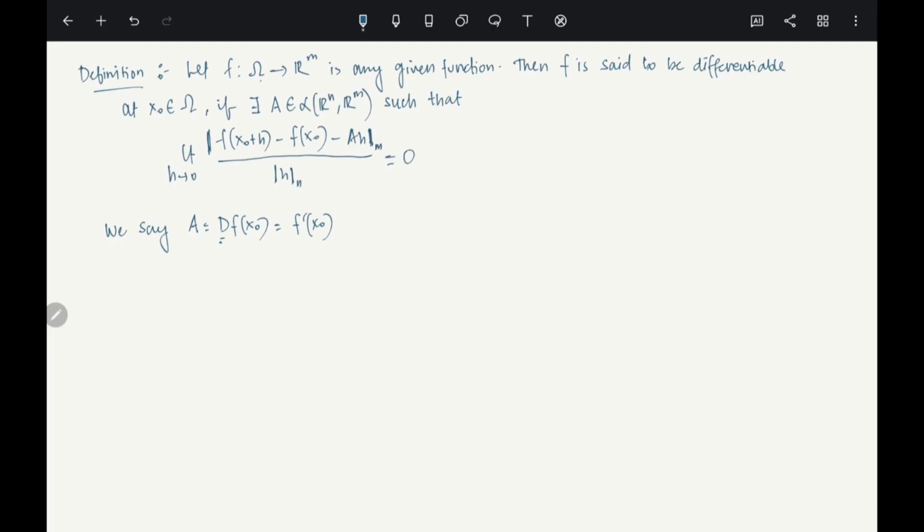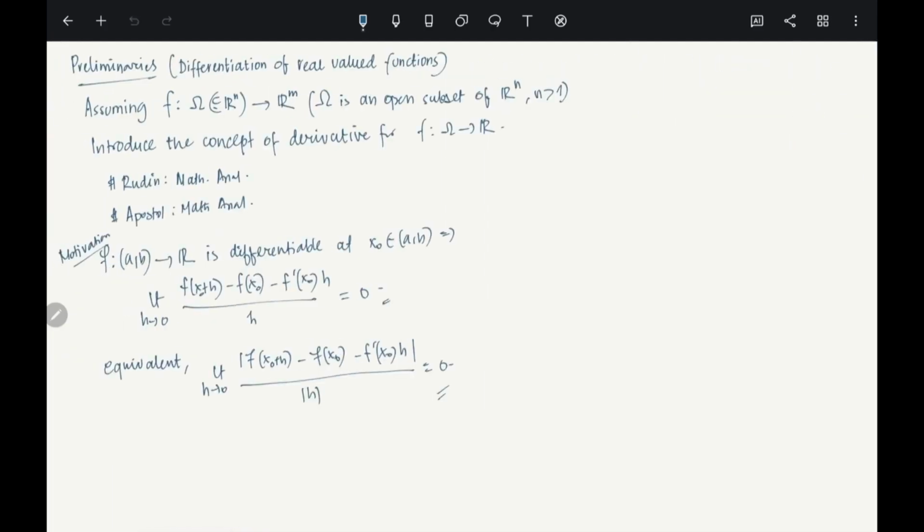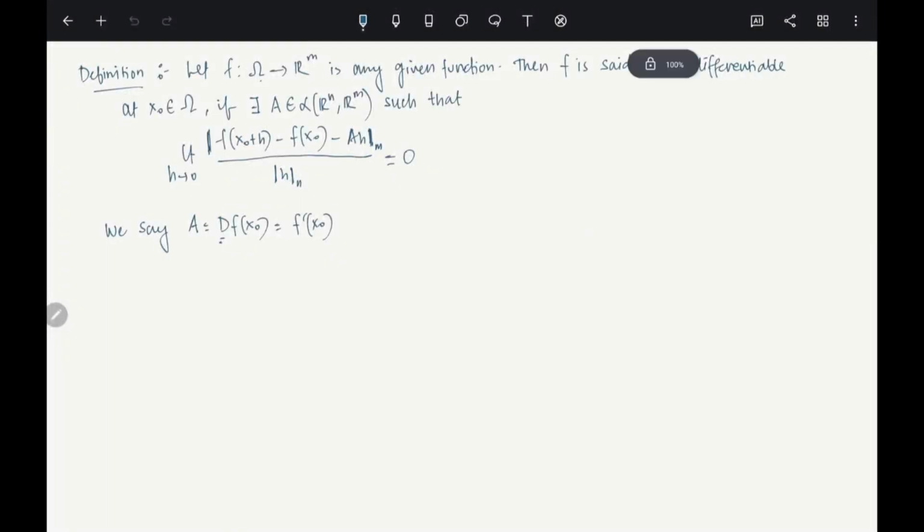Now, why did I not use the other definition but used this definition? If I used it without the norm of h, it will not make sense, because you would be dividing by a vector. So we have to use this particular definition. I hope this is clear why we did this, okay?